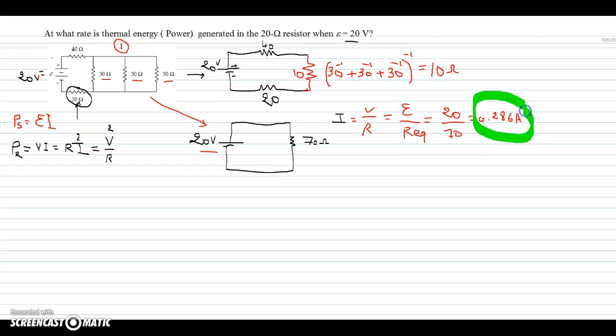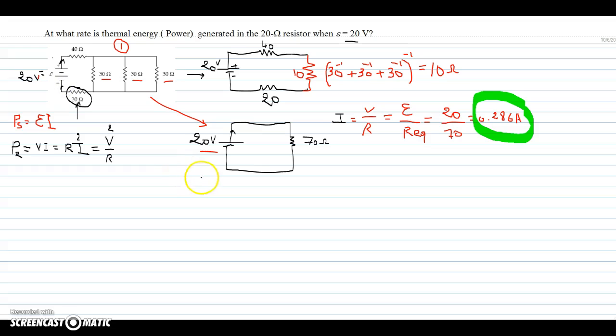So this is the current going through. You have to be careful. This is the current leaving the source, the total current produced. Going back, this is the current leaving the source, and it is also the current coming back.